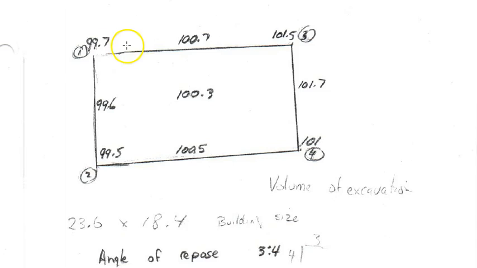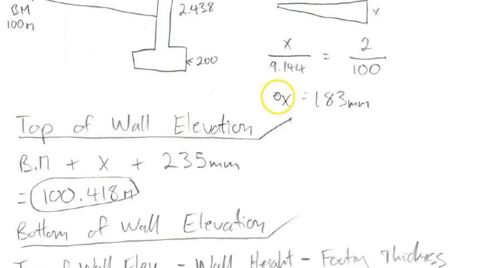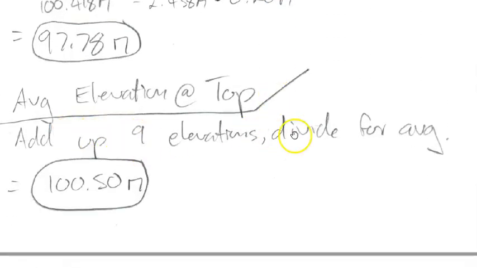And then you would subtract the rod reading from your height of instrument to get the elevation at each spot. Okay, so we're going to take these 9 values, add them all together and divide by 9. That's what I've done here. I didn't show it, but that's what it is. So that's the number that comes out after you've found the average of those 9 spots. So the average elevation at the top is 100.50.